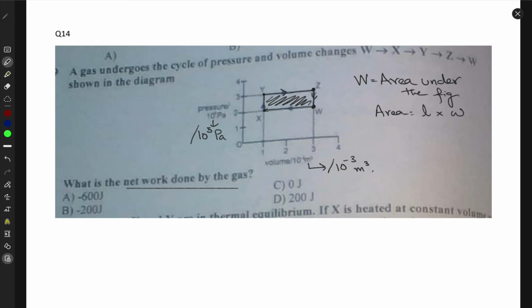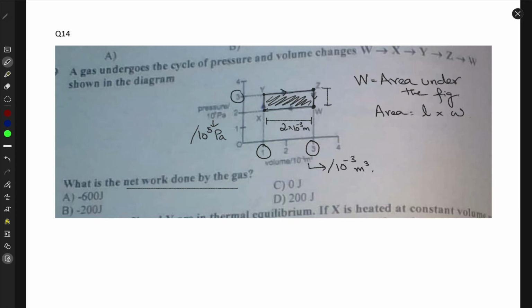Let's figure out what would be the length of the rectangle. Length is this distance. So it is 3 minus 1, which is 2, into 10 raised to power minus 3 meters.